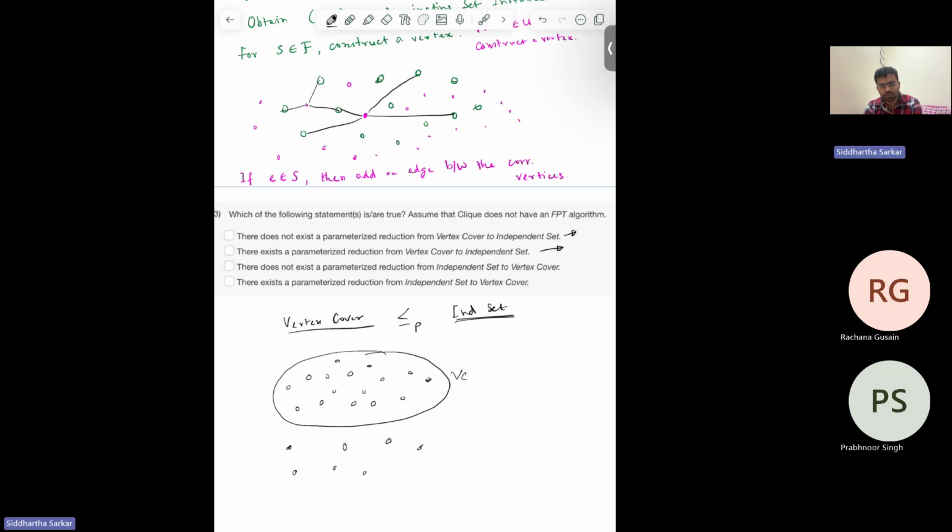We don't want that to happen. So we have seen fixed parameter tractable algorithms for deciding whether G has a vertex cover of size k or not.